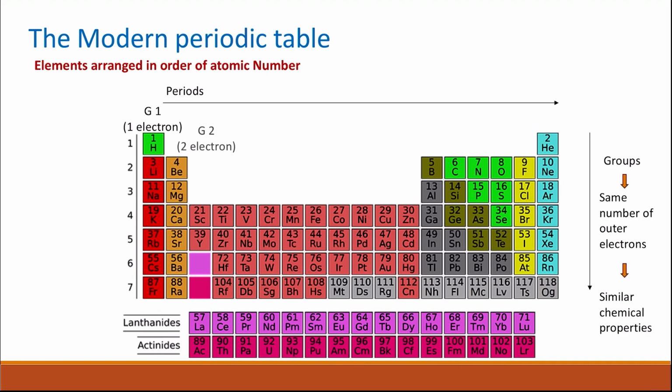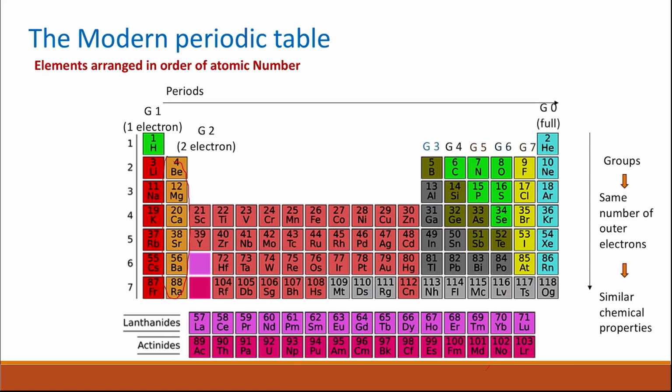The second group is group 2, and all of the elements in group 2, in the second column, have 2 electrons in their outer shell. As we move on, we have groups 3, 4, 5, 6, 7. You can just look at where the element is, which group it is in, and then you can know how many electrons are in the outer electron shell.